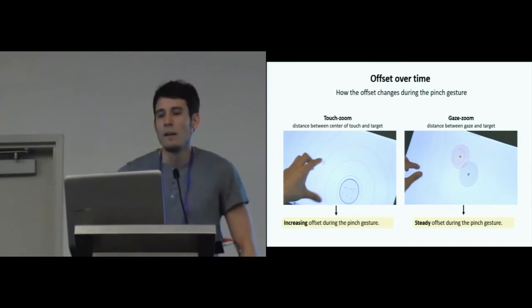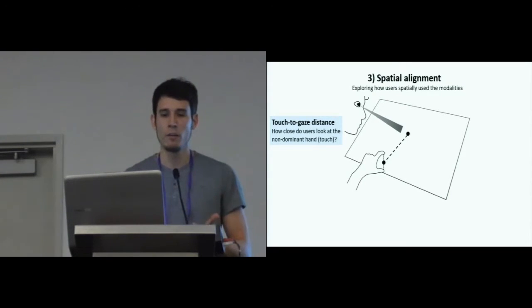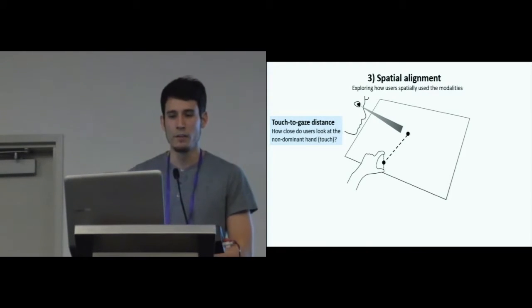Okay. Third, we looked at the spatial alignment. So how did users use the different modalities on the display. And we specifically wanted to explore 3 different questions. So first of all, how close was the user's visual attention to the non-dominant hand?